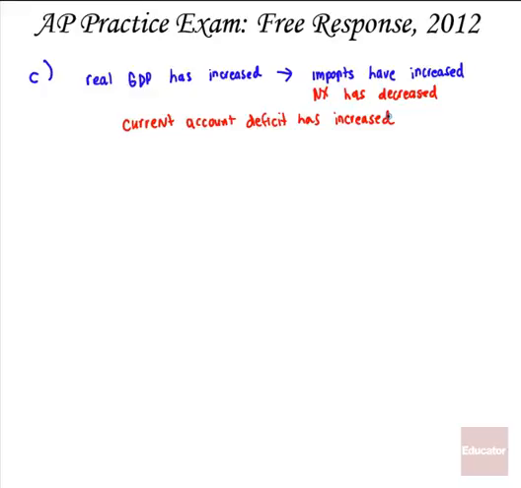And so therefore the current account deficit has increased. That is part C1, and the second point is explaining that the real GDP increase causes an increase in income, so you also want to emphasize that.